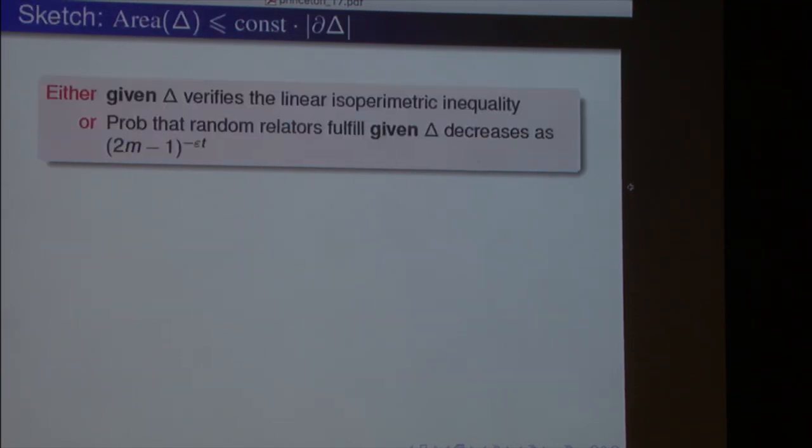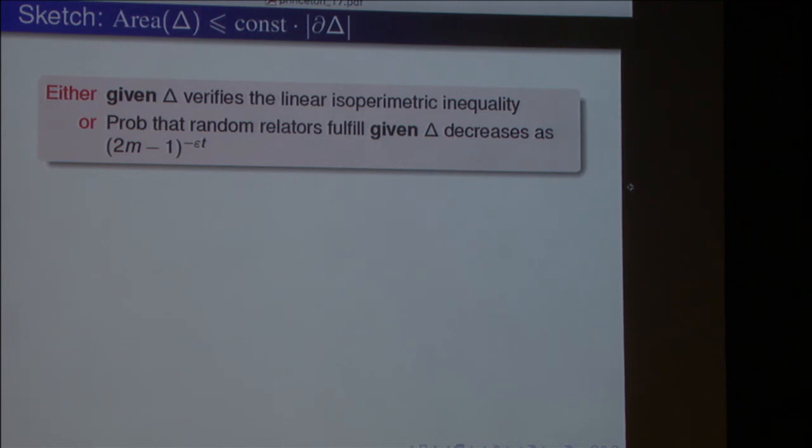And now again, what we just computed, we estimated that either a given delta satisfies the linear isoperimetric inequality, what we wanted, or the probability to fulfill it is exponentially small. But remember, I started with some abstract Van Kampen diagram, right?